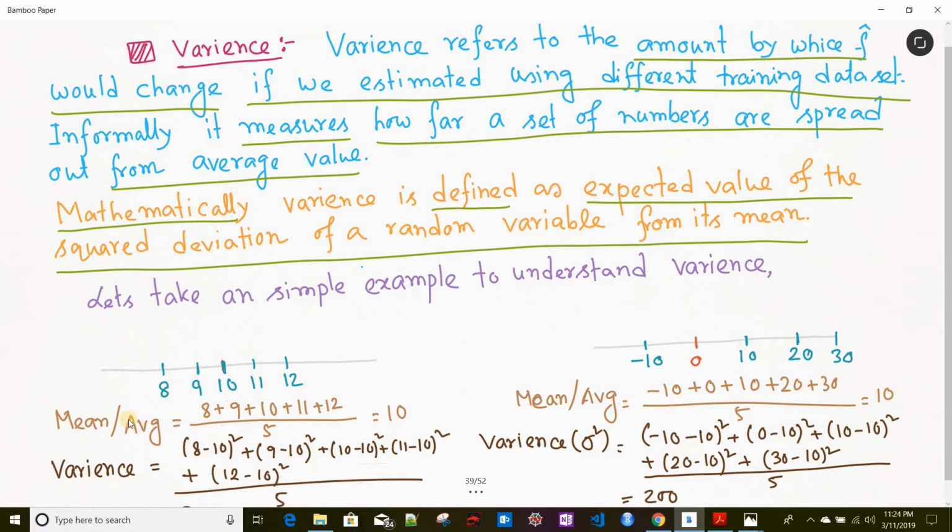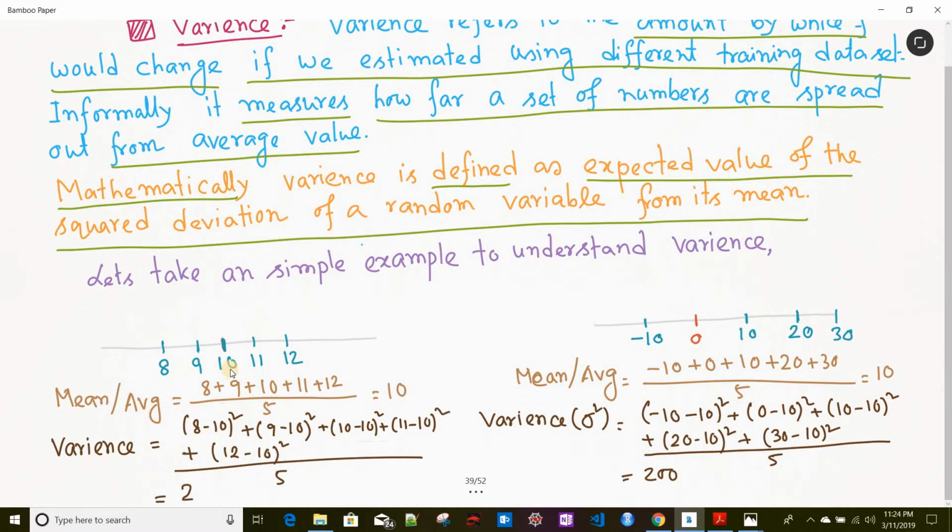Now how do we calculate variance? We calculate it for each and every data point. We basically subtract the mean, take a square, and take the average of it. If we do that, for the first data set the variance value comes up 2. For the second data set the variance value comes up 200. That means for the second data set the values are more far away from the mean.